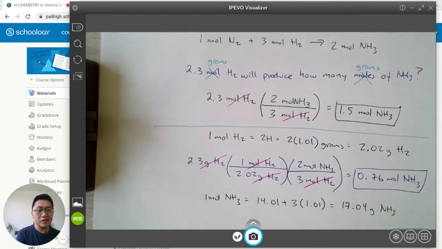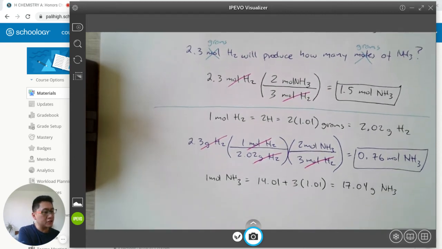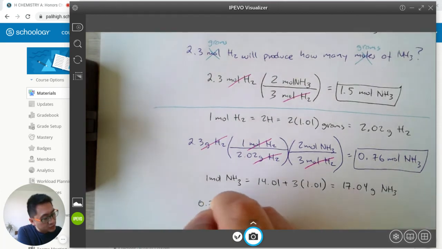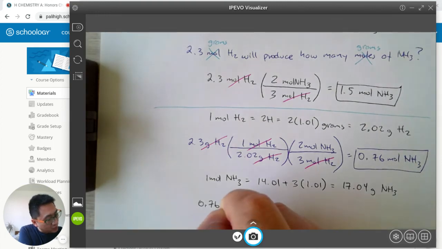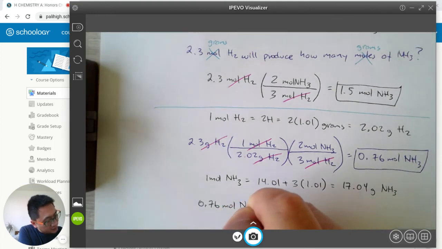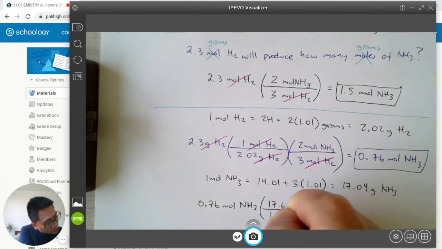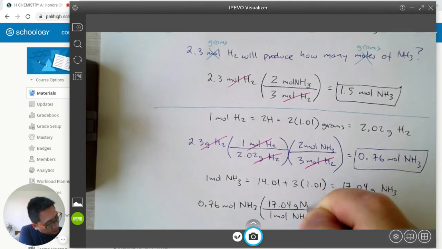Now, I have 0.76 moles of NH3. The question is, how many grams of NH3 is that? So it's just one extra step. I'm going to start from here: 0.76 moles of NH3. I'm going to change it to grams. 1 mole of NH3, ammonia, weighs 17.04 grams.